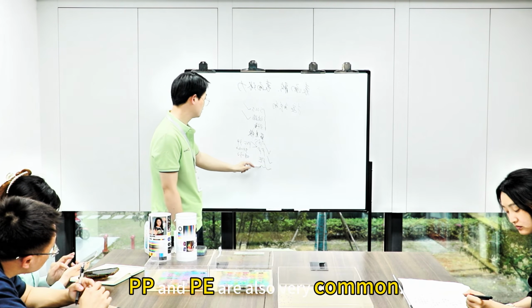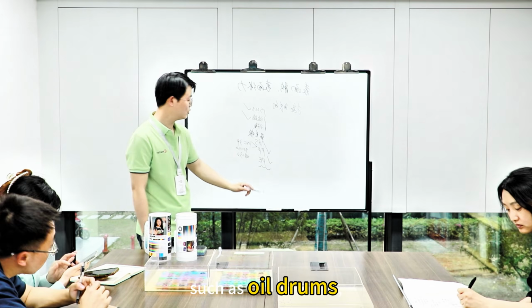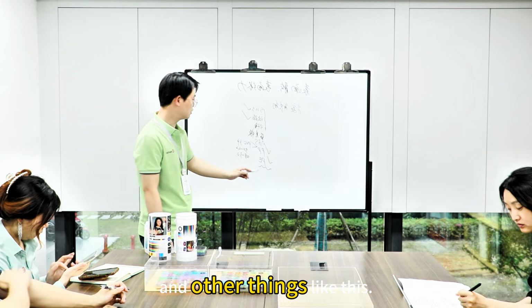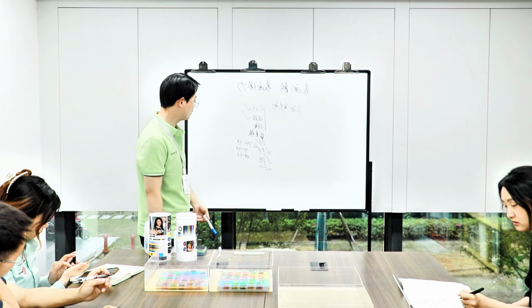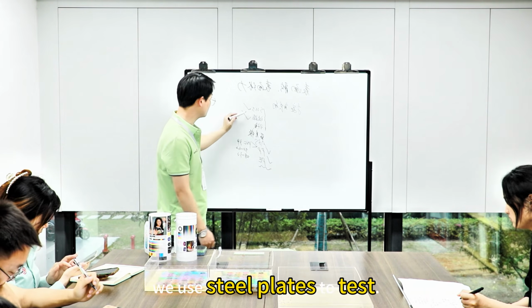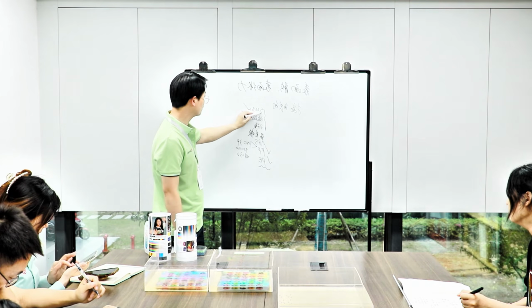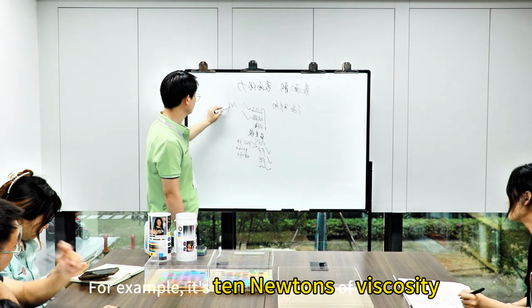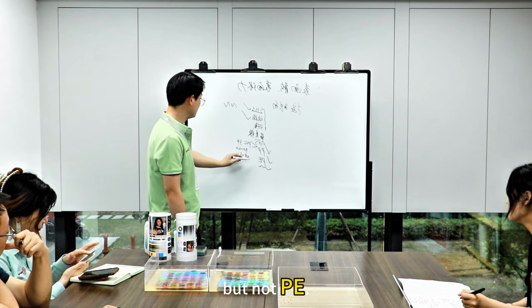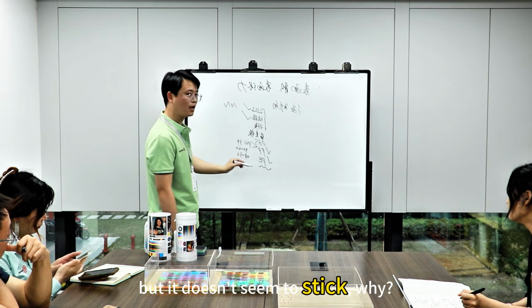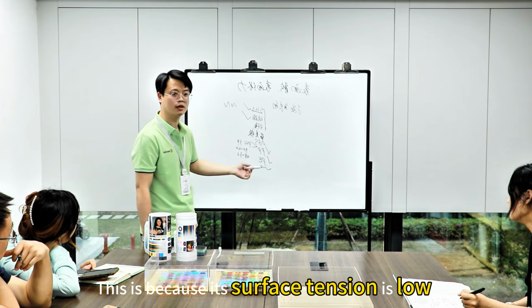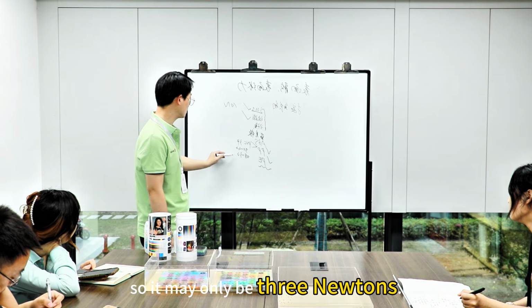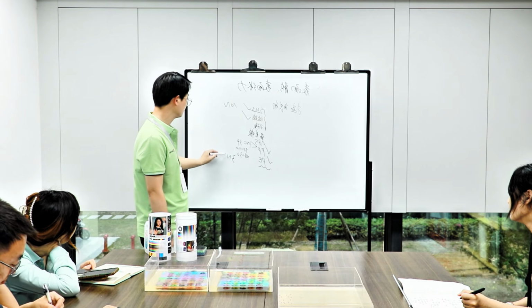PP and PE are also very common, such as oil drums, and other things like this. Why do we test? We use steel plates to test. For example, it's 10 newtons of viscosity, but not PE. It doesn't seem to stick. Why? This is because its surface tension is low, so it may only be 3 newtons.